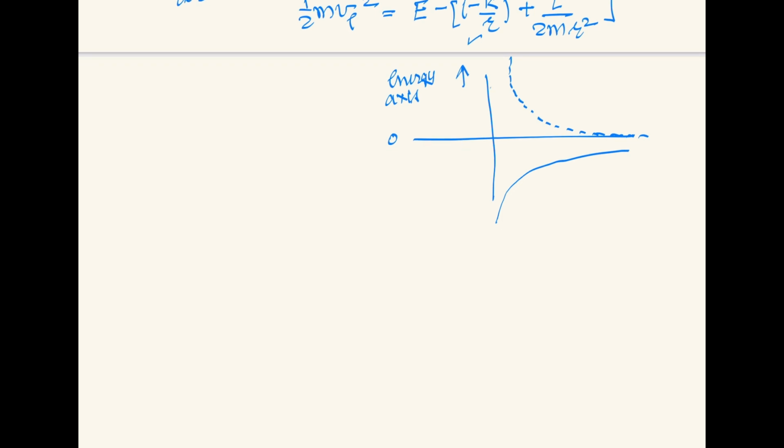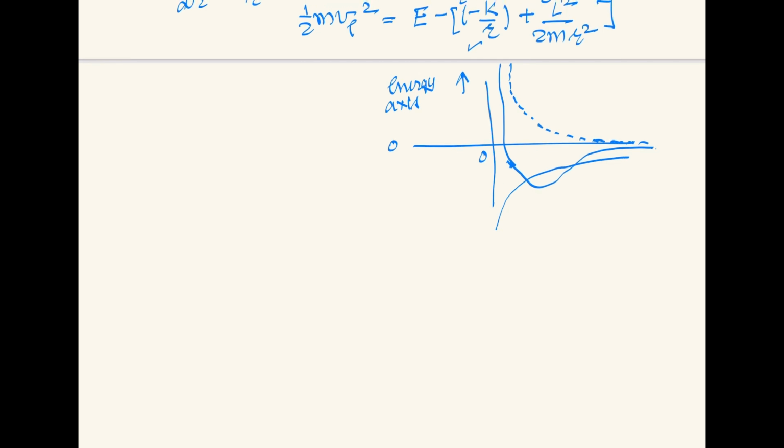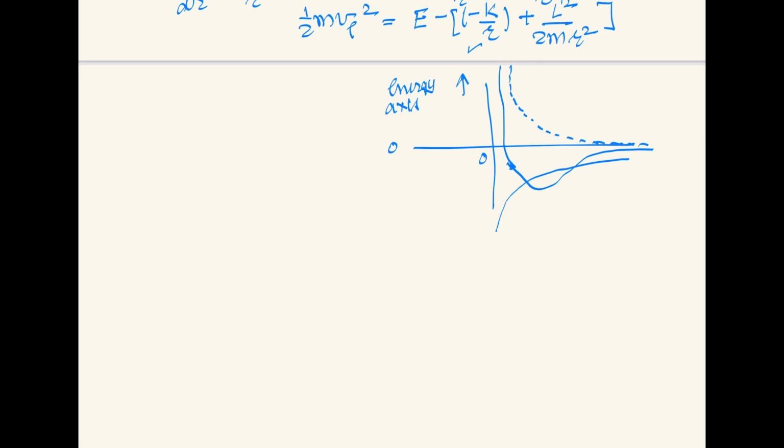Very close to the origin, I'm going to have a large positive number, and then it's going to dip because eventually this term takes over. It dips, then rises again a little bit, and then goes to 0. So I get a well over here, but it starts from a very large positive value and goes to 0. But it never crosses the 0 line, and that is very important.